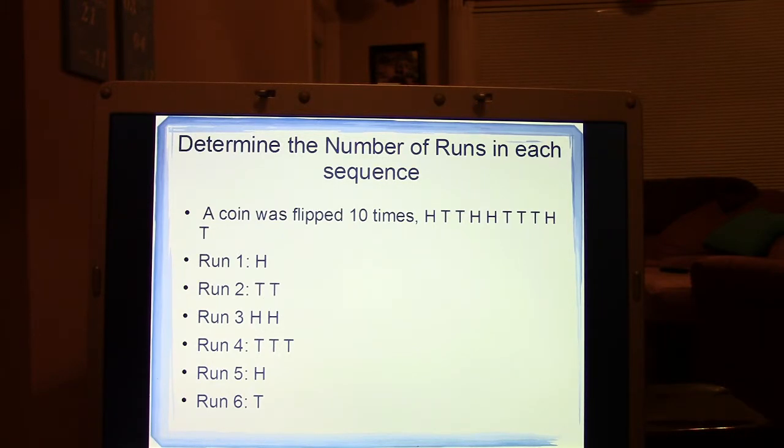You must stop whenever the sequence changes into a different label. So our first run was just a head. Run 2 is 2 tails. Run 3 is 2 heads. Run 4 is 3 tails. Run 5 is 1 head. And run 6 is 1 tail. So we have a total of 6 runs.